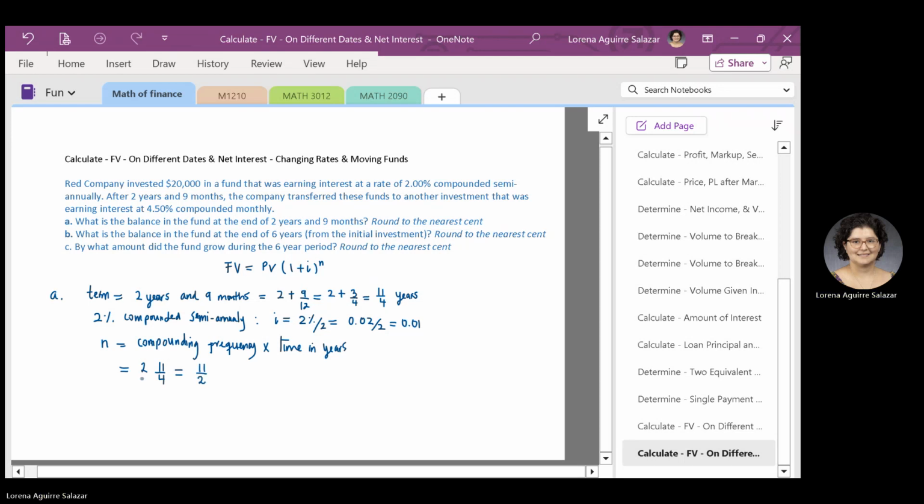Then the future value of $20,000 will be 20,000 multiplied by 1.01 to the 11 over 2. And we can use a calculator to round this quantity off to about 21,125.04.